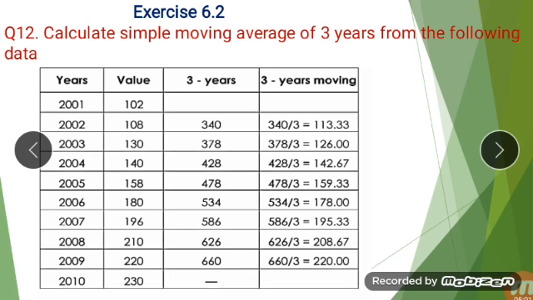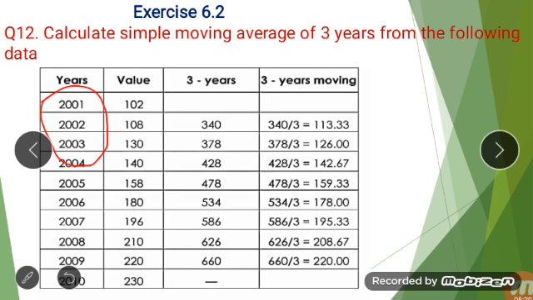For instance, here we have to find the average of 3 years. So we can take the first 3 years, 2001, 2002 and 2003, where the production of 2001 is 102, the production of 2002 is 108 and the production of 2003 is 130. So we have to calculate the average for the first 3 years. Average is calculated by adding all the values and then dividing by the number of observations.